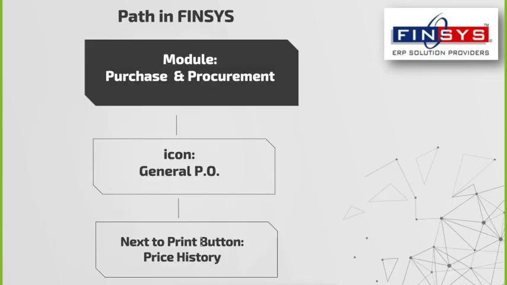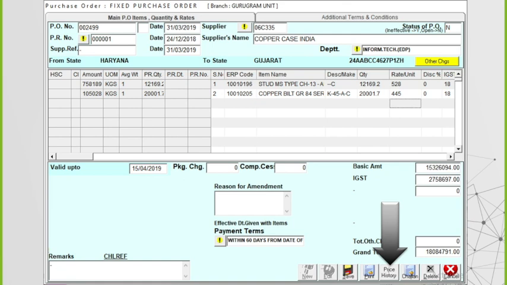And if they do it online, they can see it themselves. If they do not see it online, they should ask their team to give a copy, a printout of this price history file.